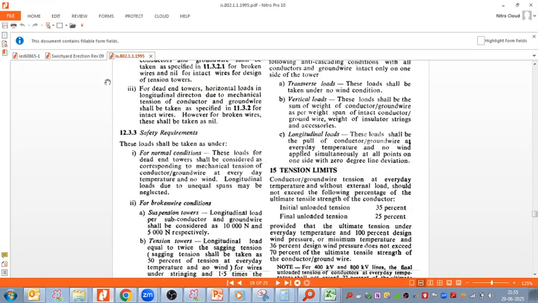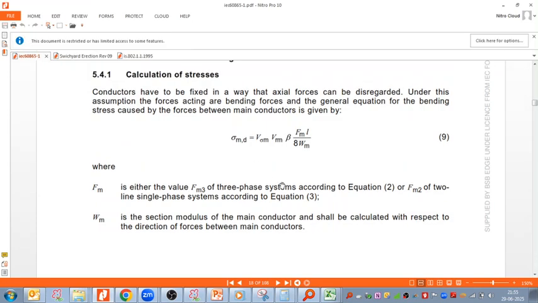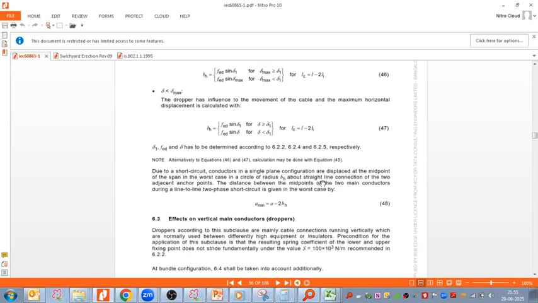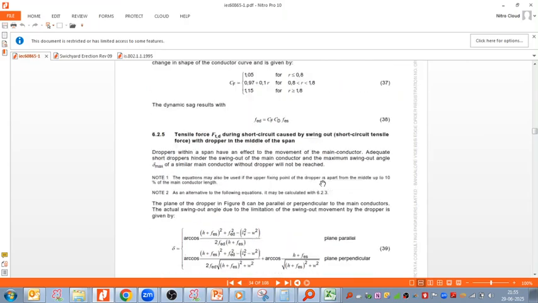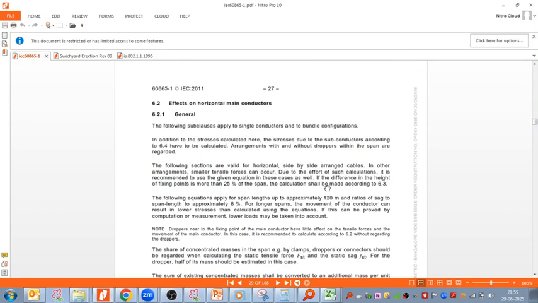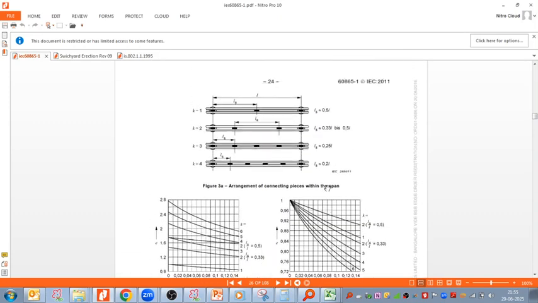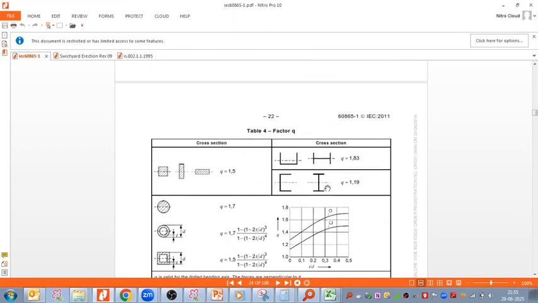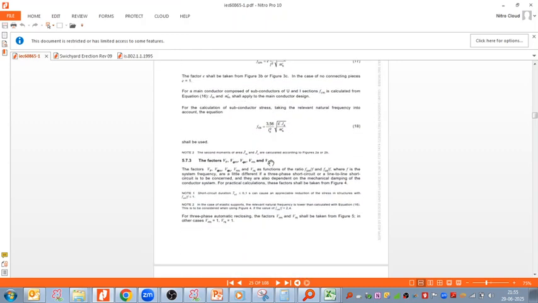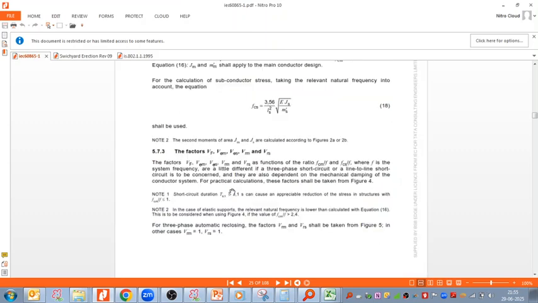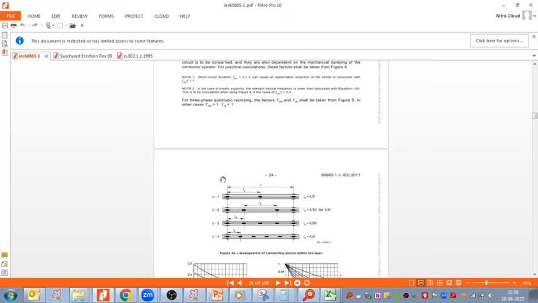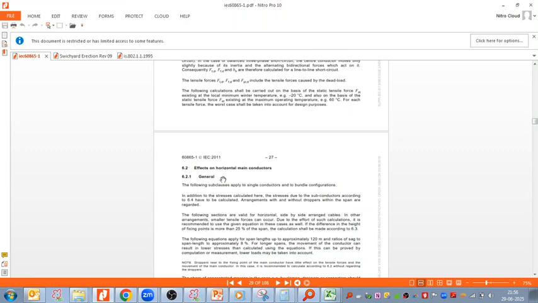Okay, 6065, on page number 28. FES, page number 28. Yes, FES. Okay.